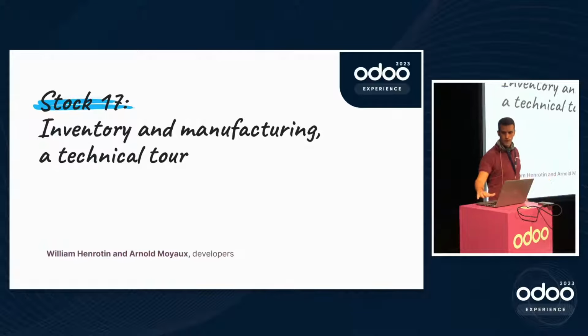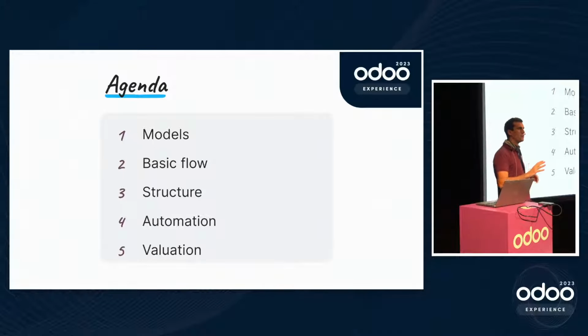First, we're going to explain the technical objects that exist and show you what they represent in the interface and in the functional features. After that, we will explain how to move objects and create a record that does basic inventory operations.